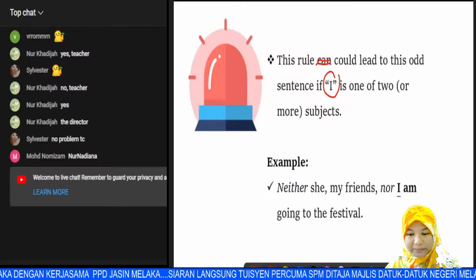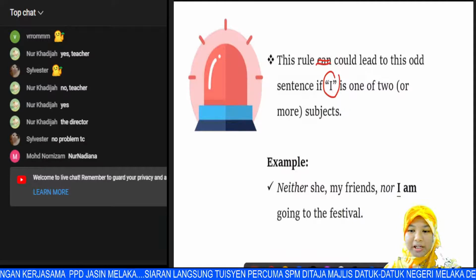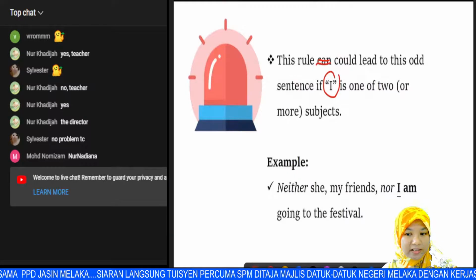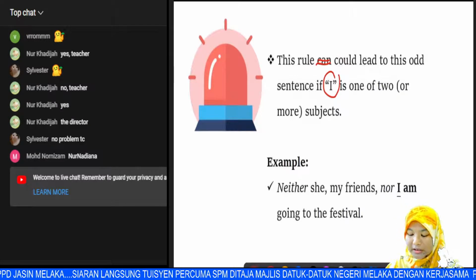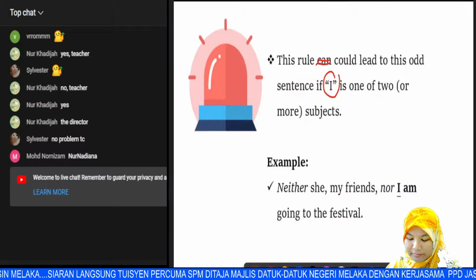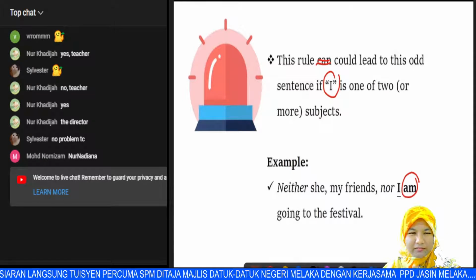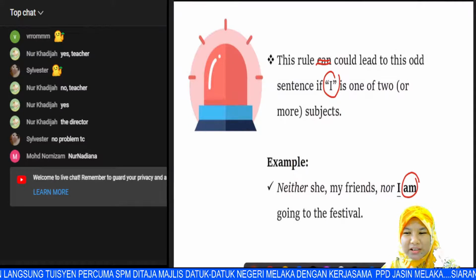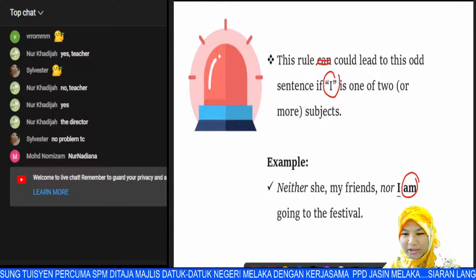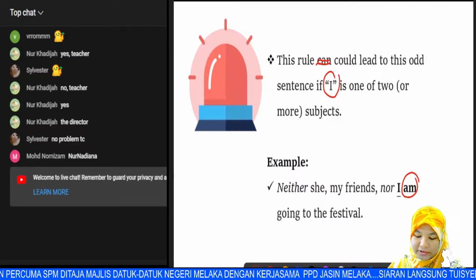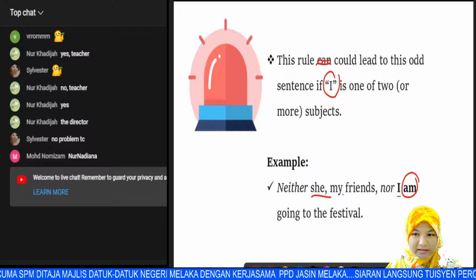Example: neither she, my friend, nor I am going to the festival. For most students, you will think that it is weird, teacher, because we have another subject in front, we have another subject before that.